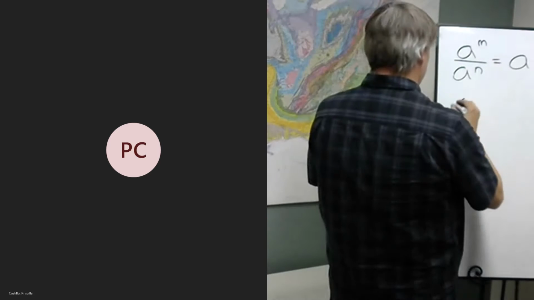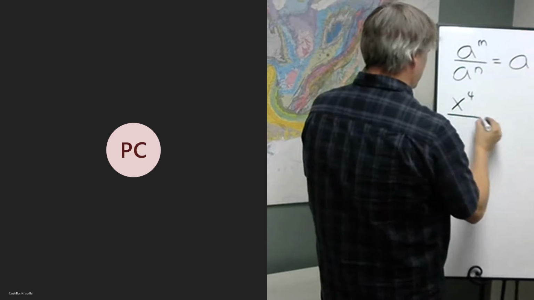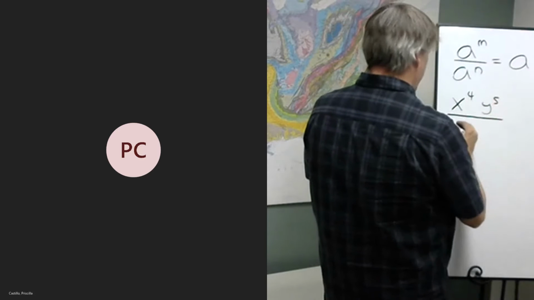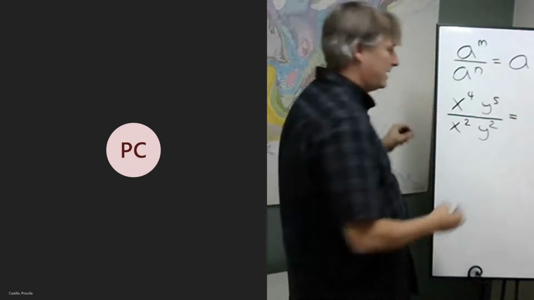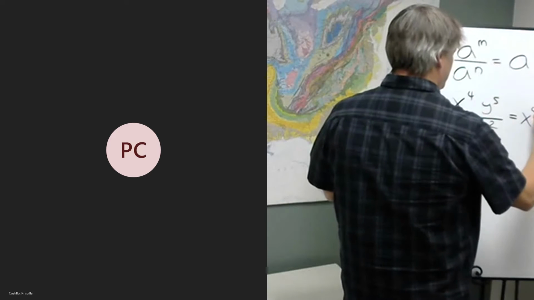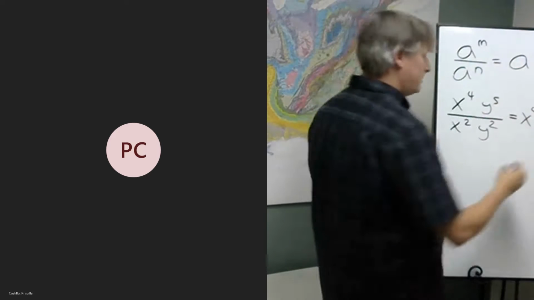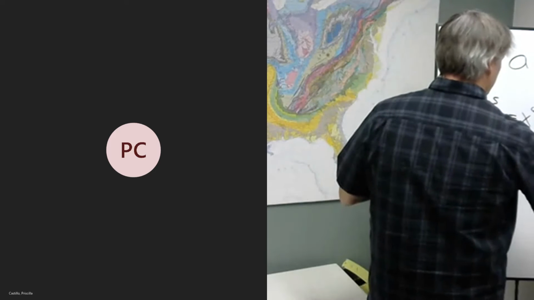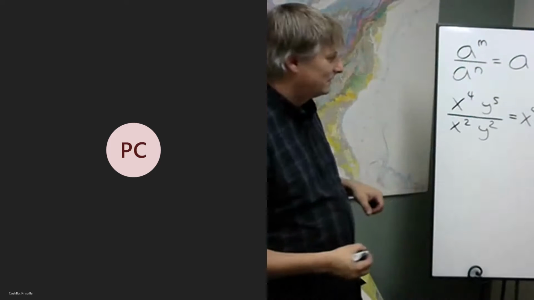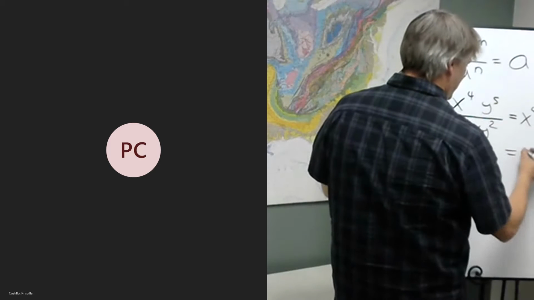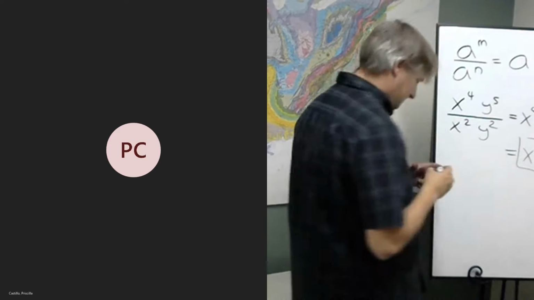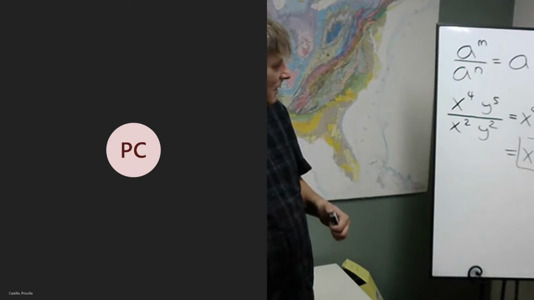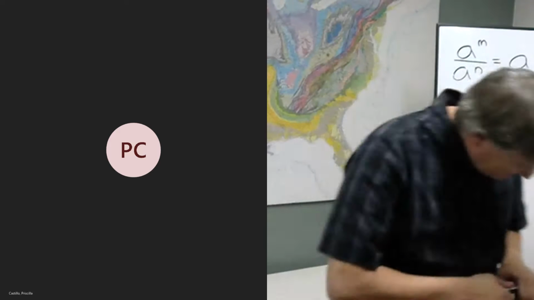So, for example, if you have x to the 4th y to the 5th over x squared y squared, for the x base, x to the 4 minus 2, for the y base, 5 minus 2. And so we'll get x squared y cubed. So let's do an example. Let's say we have this.